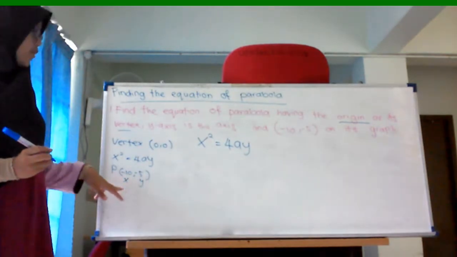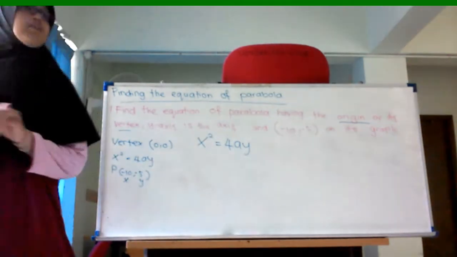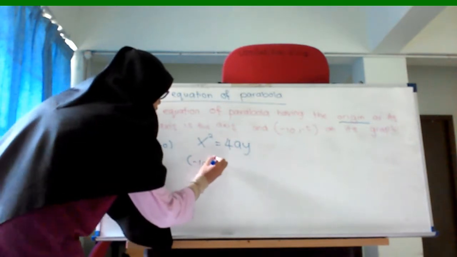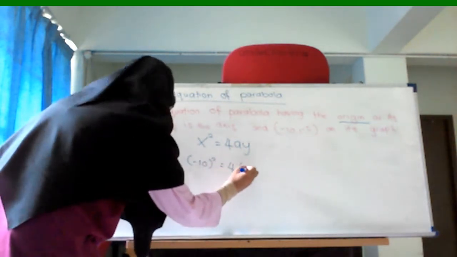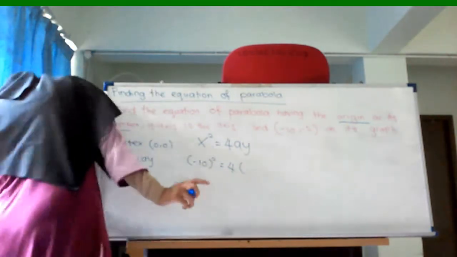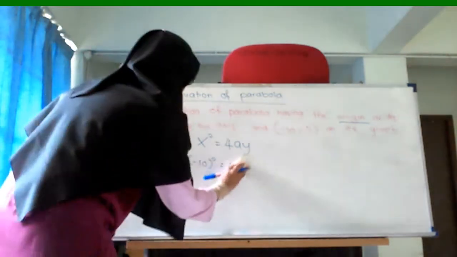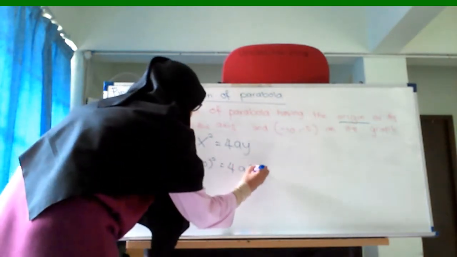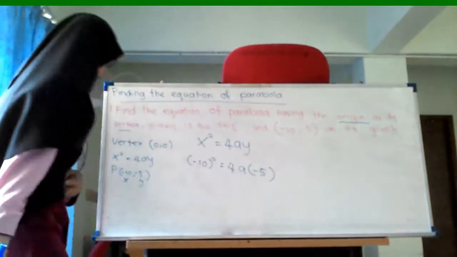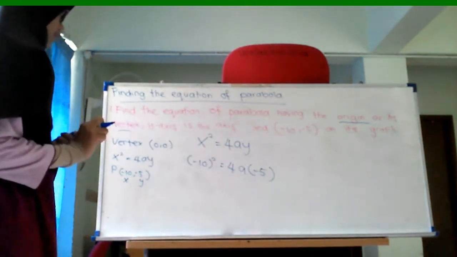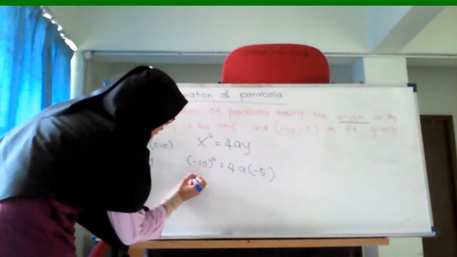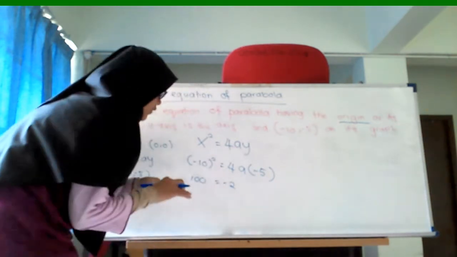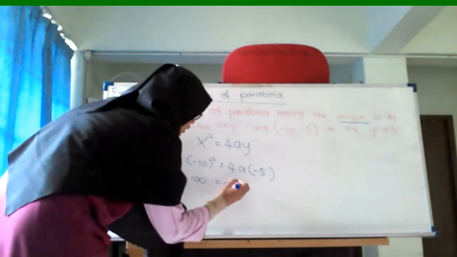Negative 10 squared equals 4a, and y is negative 5. Negative 10 squared is equal to 100, and 4a times negative 5 equals negative 20a, so a is equal to negative 5.